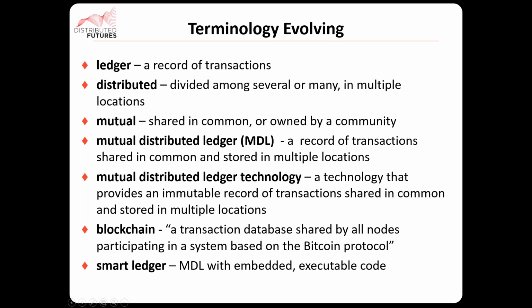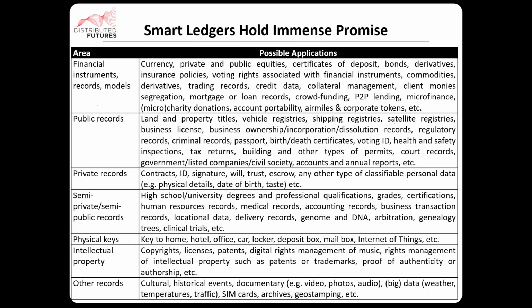The key for a mutual distributed ledger technology is an immutable record stored in multiple locations. Blockchain, as everyone appears to know, is a transaction database shared by all nodes participating in a system based on the Bitcoin and, of course, many other protocols.